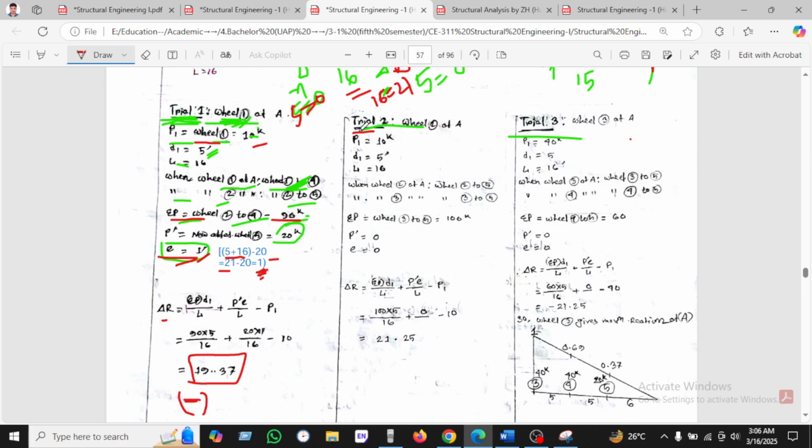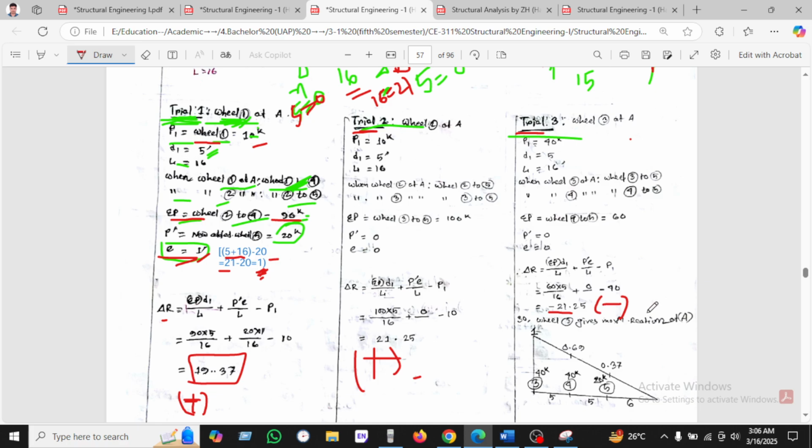So let's see the second trial, so it is also positive load, so we will need another trial. So if we see the third trial, we found the negative load, so we don't need another trial.